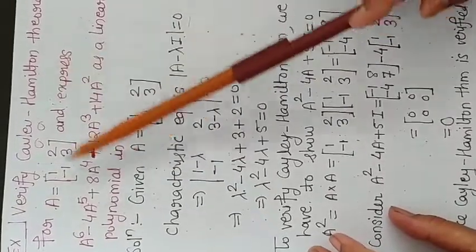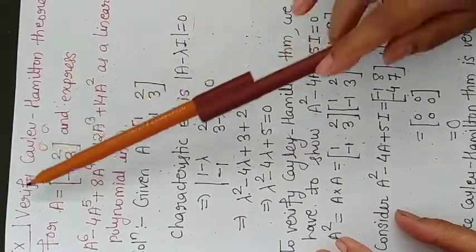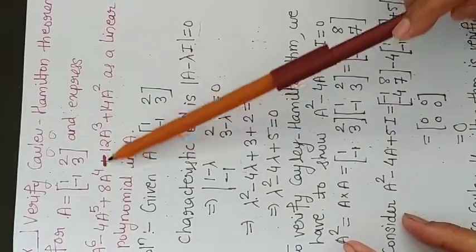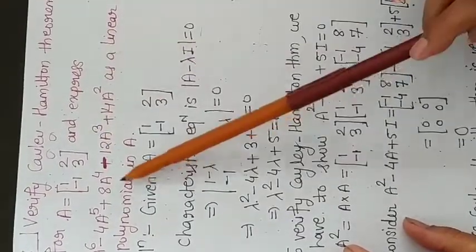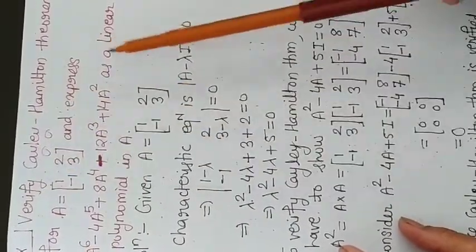So first, in this example, we have to verify two things. First is the Cayley-Hamilton theorem, and the next part is to express this polynomial as a linear polynomial. Let us first concentrate on verification.